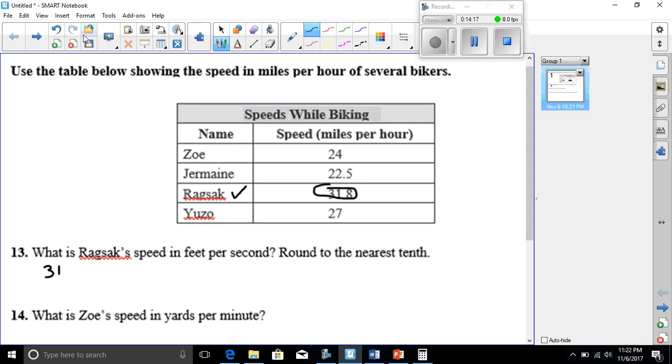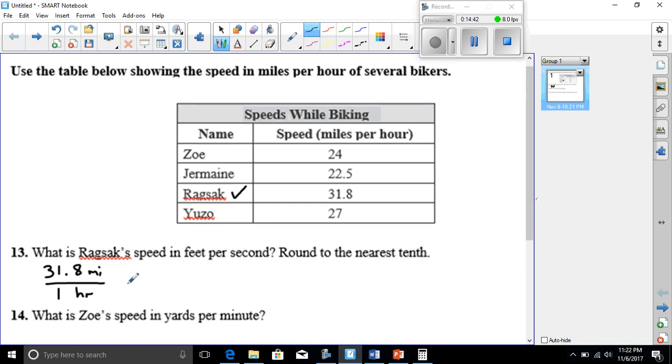Let me double check that. Yes, 31.8 miles per hour. So every 1 hour, he's going 31.8 miles. They want to know what it is in feet per second. So I got to change both again.